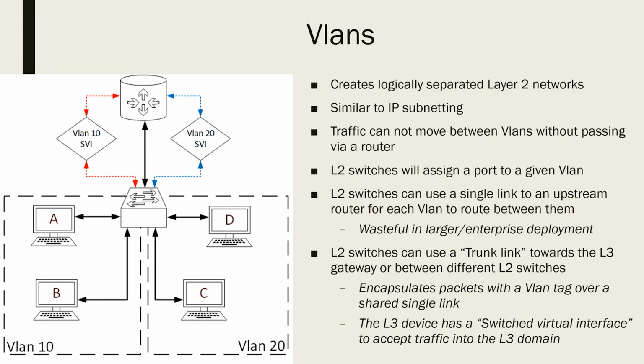Where does it now need to go? I'm going to look at the IP information. Okay, it needs to go to something in the VLAN 20 range. So I'm going to send it back out of that VLAN 20 SVI, tag it, send it down to the switch, and then the switch is going to make the decision based on that destination MAC address. And so that's how we can separate those logical layer 2 networks down into more functional segments.